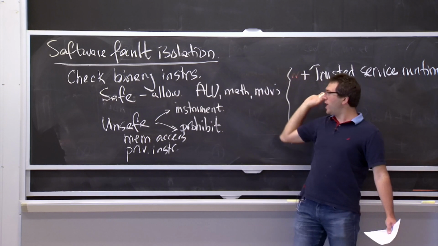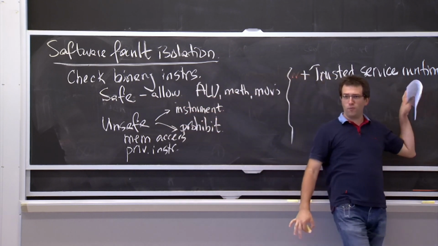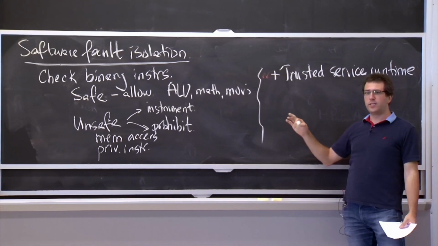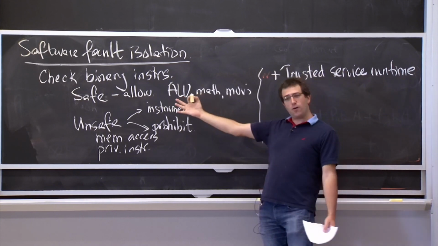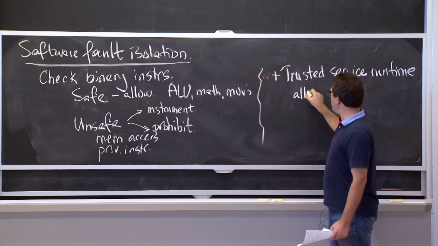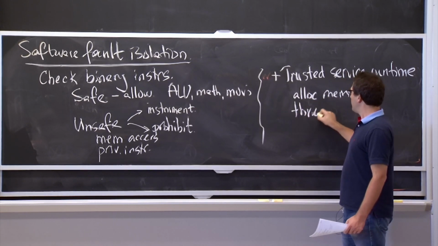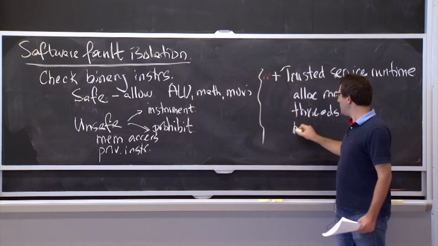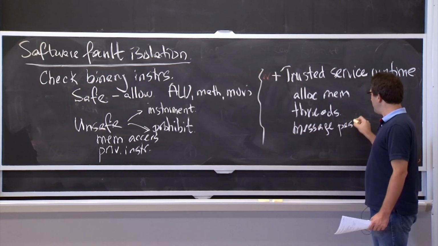So the trusted runtime could actually do all these potentially unsafe things, but this trusted runtime is written by Google, so hopefully they get it right. And it's going to implement all the functions that Google's native client team believes are OK to allow for these modules. So these are going to be things like maybe allocating memory, maybe creating a thread, maybe communicating with the browser, as we saw, so some sort of a message passing system, etc.